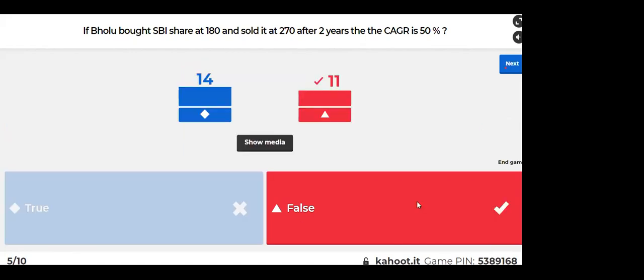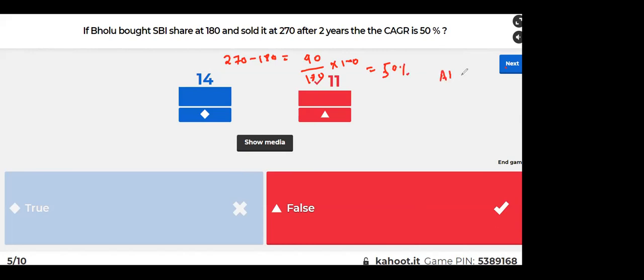Why? Because it is absolute return. Now tell me, 50% is absolute return. 270 minus 180 is equal to what? 90. 90 by 180 into 100. It is 50%.